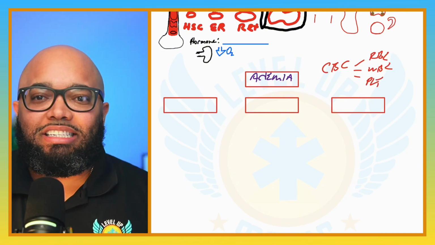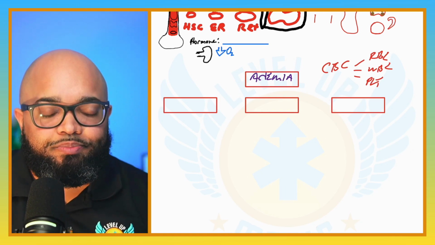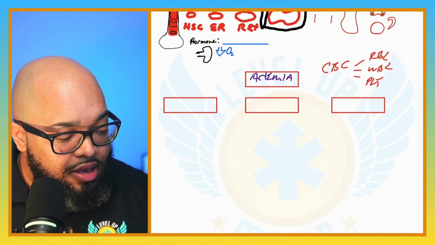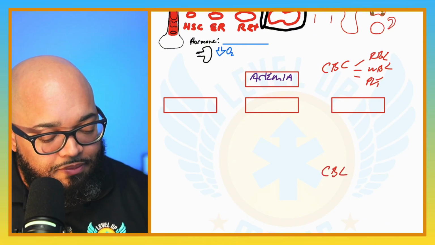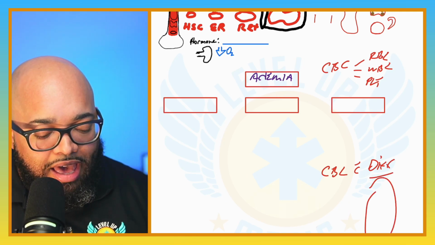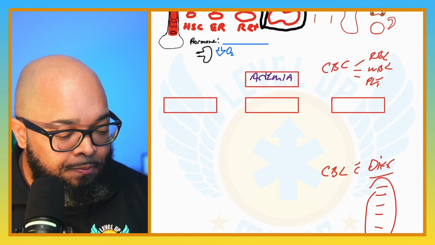But not only does it tell you the count of the numbers of cells, it also gives you lots of other information about the blood. So we can do a CBC, a full chemistry, for instance, is going to tell you about those cells plus the electrolytes. But we can also do, let's say, a CBC with diff. That's now going to tell you all kinds of information about the different white blood cells. And I'm going to go into that next.